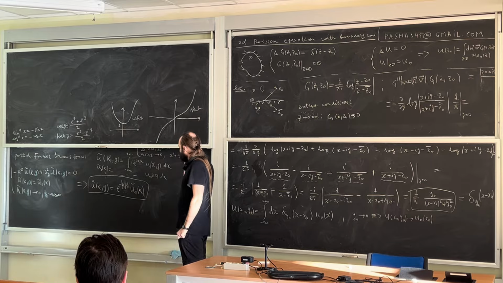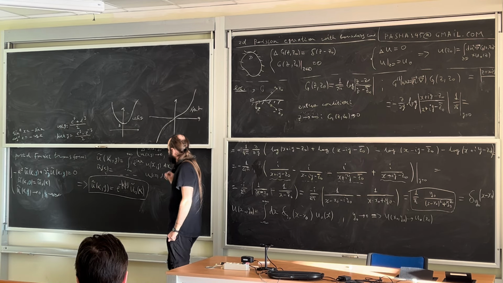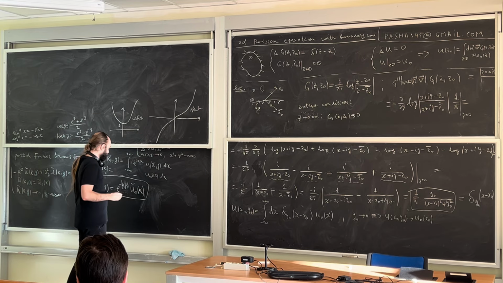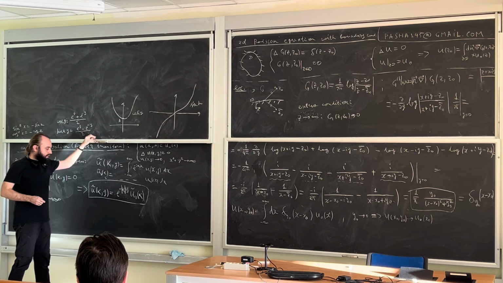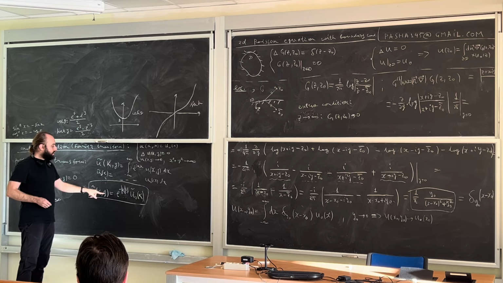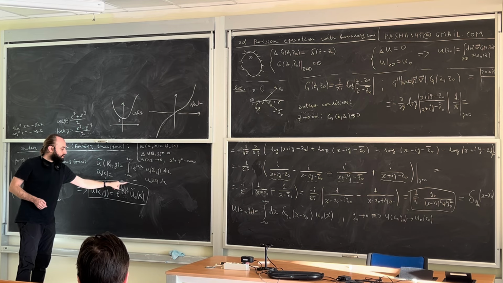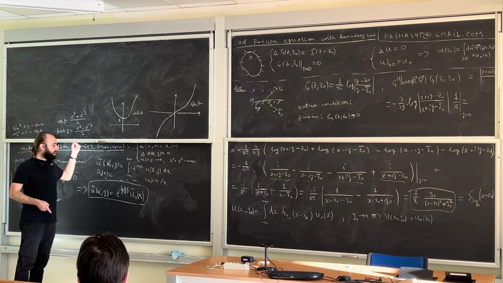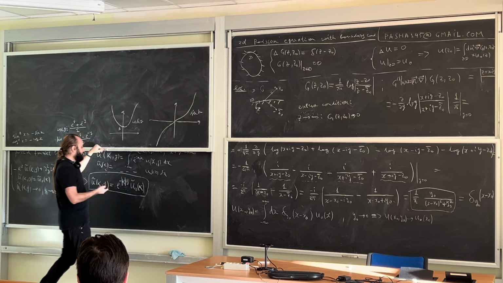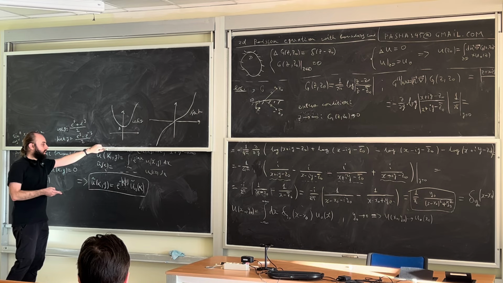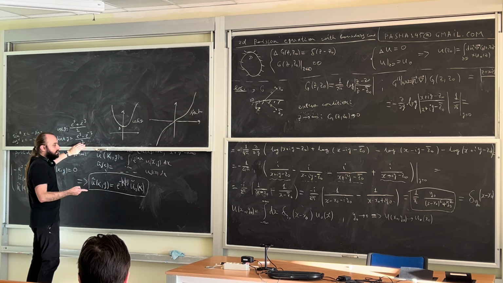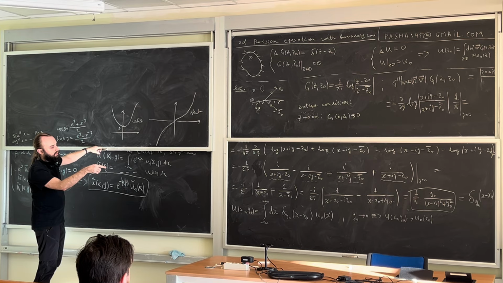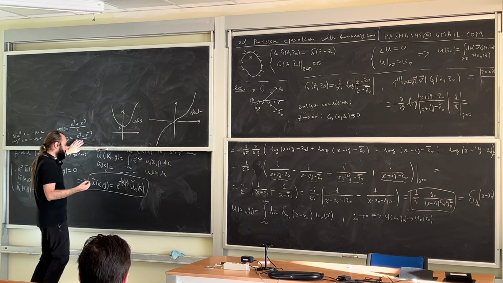How are they related? There is this function, which is also the Fourier image of something, and that function is precisely delta y.